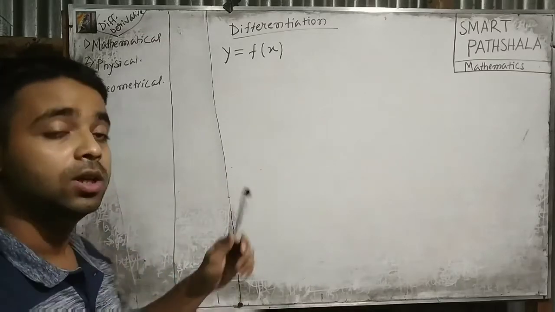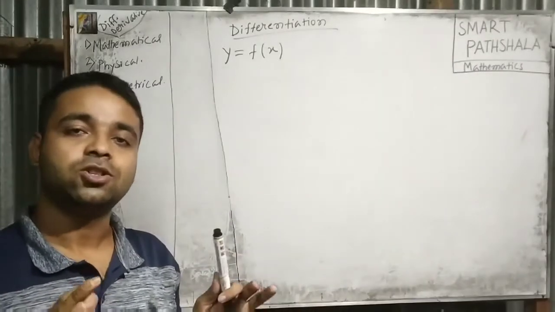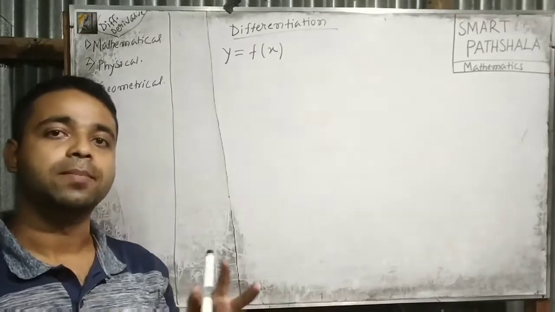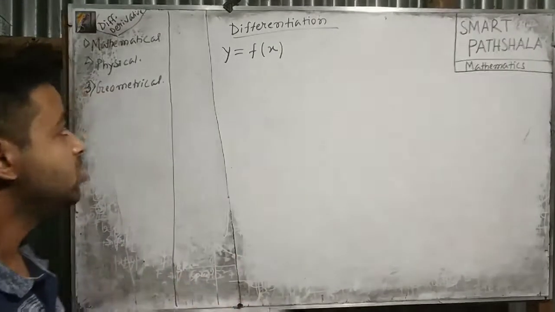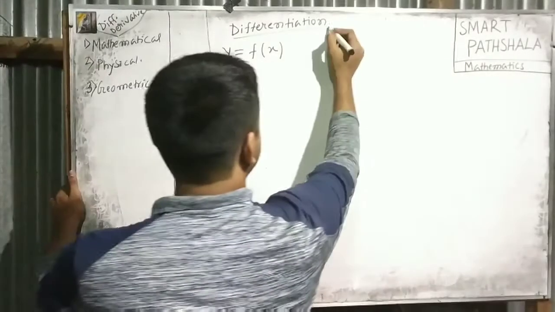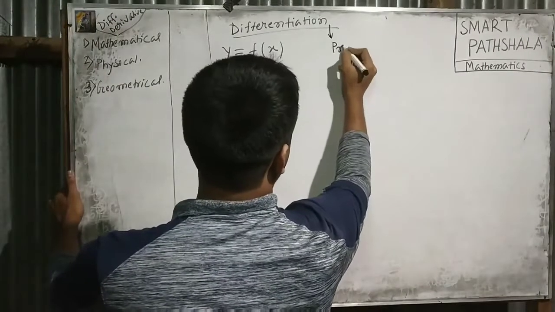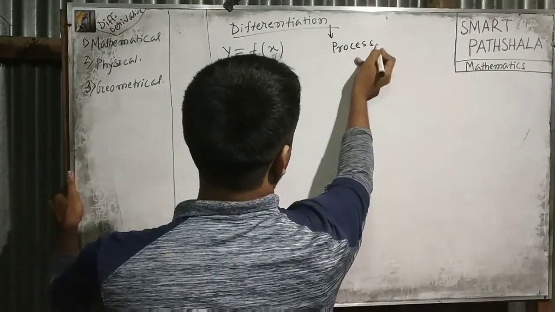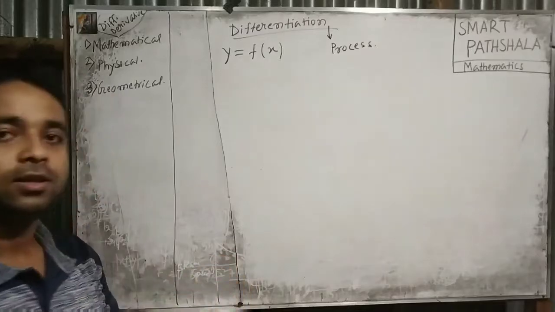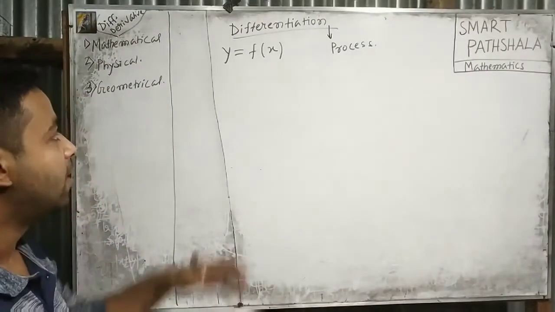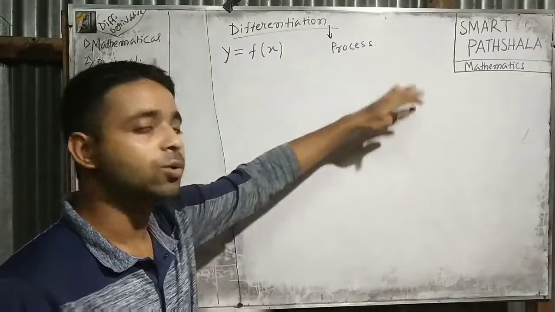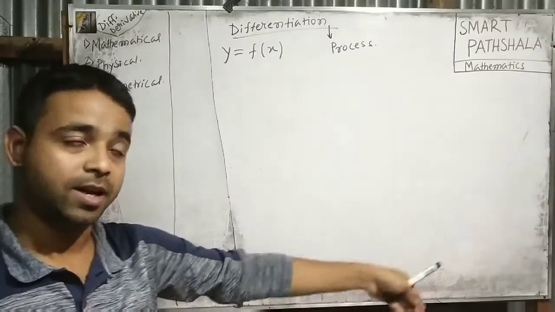Now, differentiation is such a process by which we measure, okay? Mind this thing, that differentiation is a process, right? This is a process. This is not a certain type of value that you will get as a result, right? After differentiation, the thing you will get is called derivative, right?